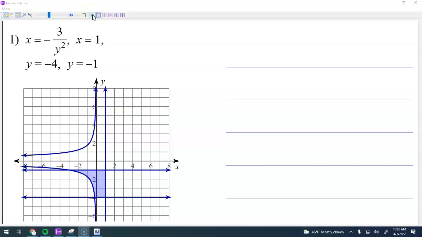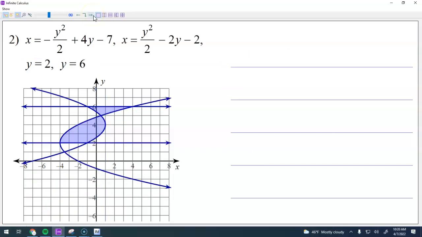Number 2, all of a sudden we got a little more confusing picture. So I know this is y equals 6. I know this is y equals 2. But if you remember from before, there might be an intersection point in the middle.